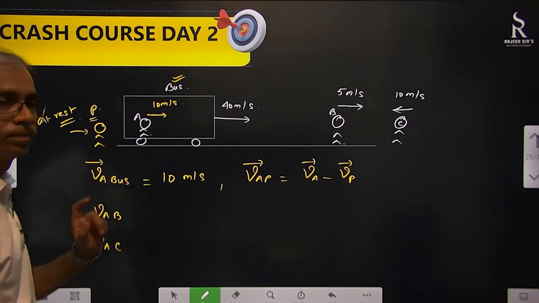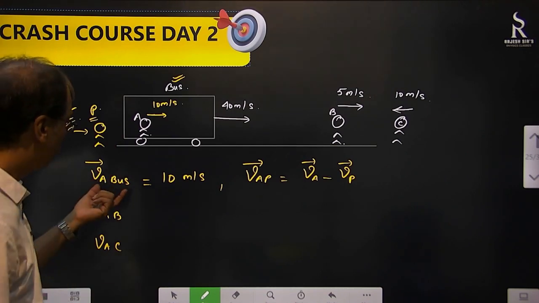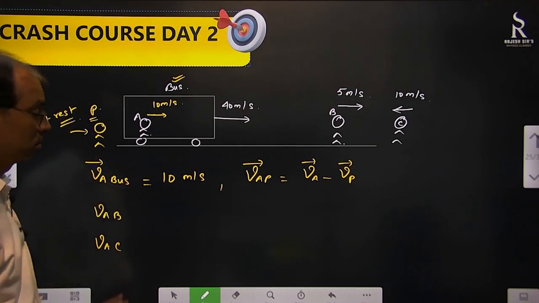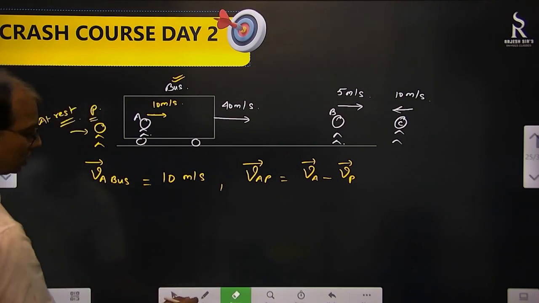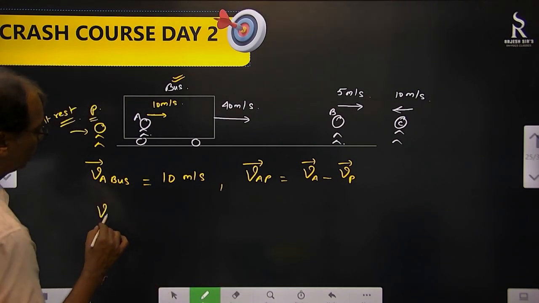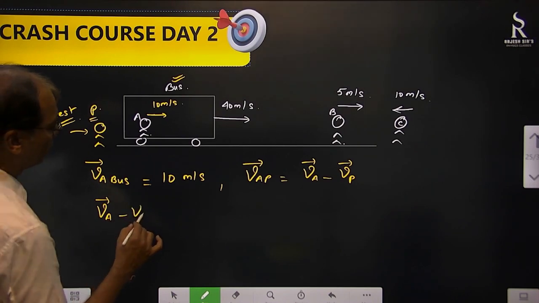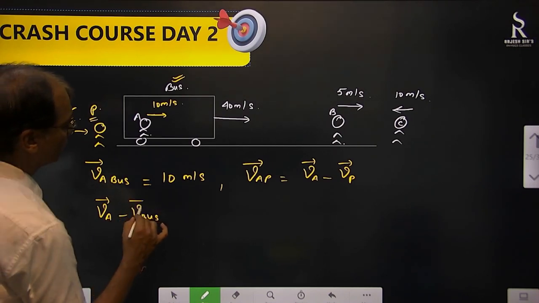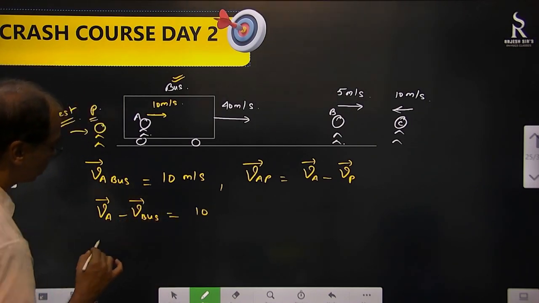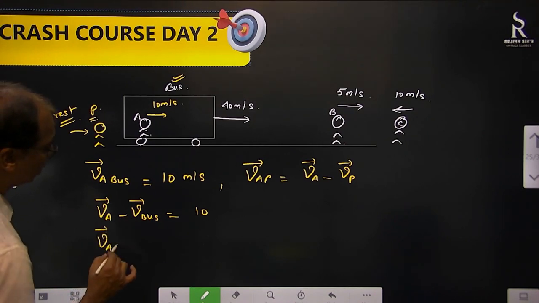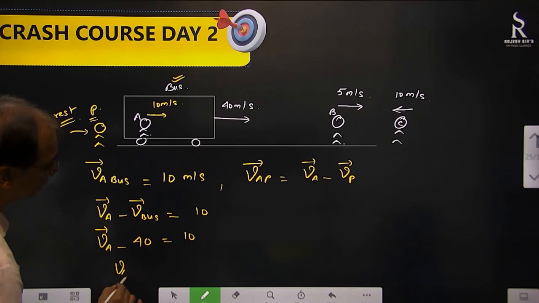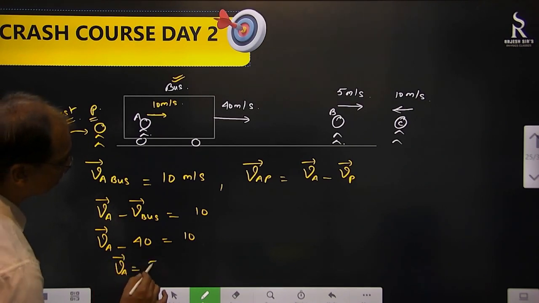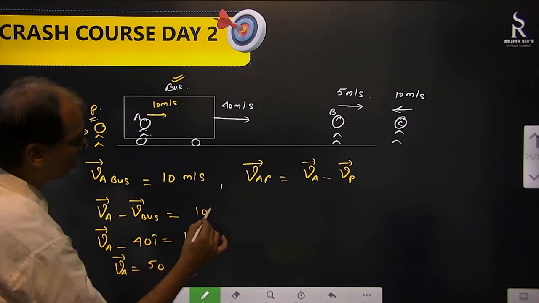Is it 10? No. VA we will find from here. This we have to use first. So VA minus V of bus is equal to 10. What is velocity of the bus? Velocity of the bus is 40. What is VA? 50. I can use I cap.